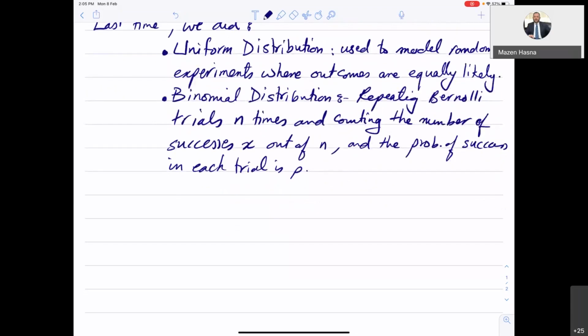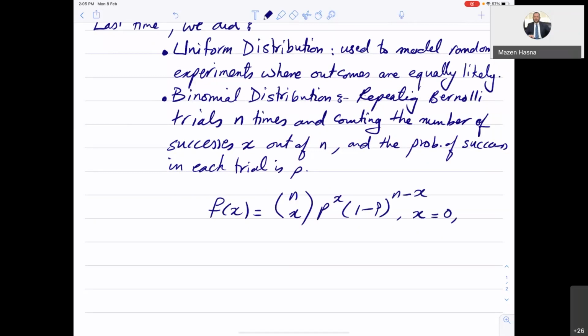And we mentioned last time that the distribution for the binomial is n choose x, p to the x, 1 minus p to the n minus x, and x can be any number between 0 all the way to n.